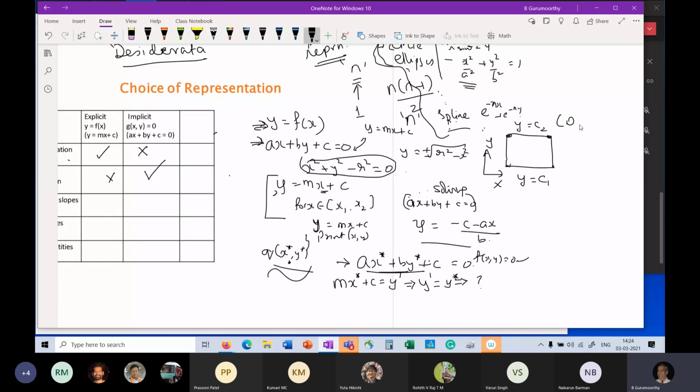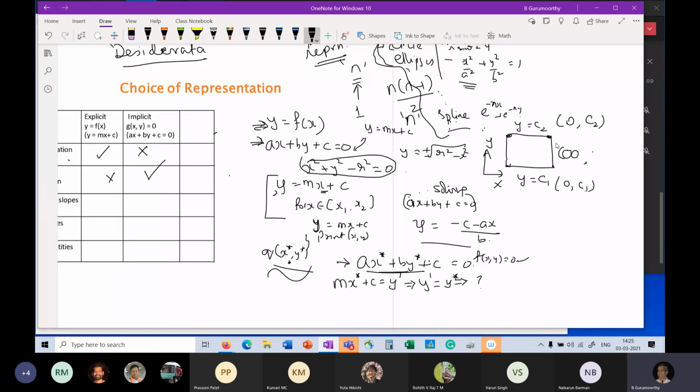Implicit in this is that the parameters for the line are 0, C2, and here it is 0, C1, meaning M is 0 and C is C1. What about these vertical lines? What is the representation of these vertical lines in the explicit form? You run into trouble because one of the parameters, M, is infinity.